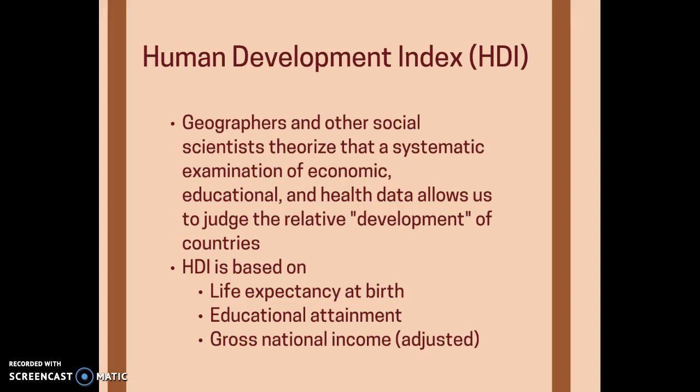The Human Development Index, which is used by the United Nations to study the issue of development, uses life expectancy at birth, educational attainment, and gross national income, which has been adjusted for purchasing power around the world, to come up with a single number that we can use to compare one country to another in terms of its levels of development.